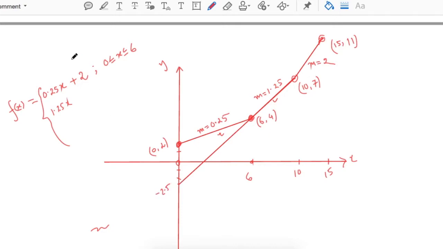So the y-intercept will be negative 2.5. And this piece is valid for 6 to 10. The initial point of the second line is 6 and it will end at 10.